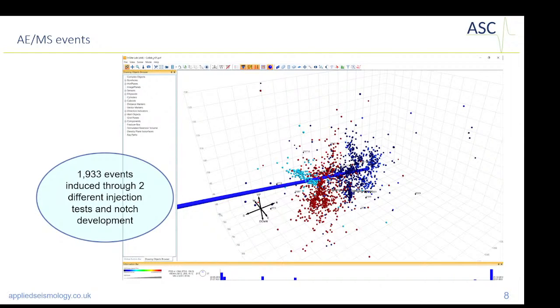Cold colors will be the early events, and hot colors, so red, would be the late events induced during this test. And we can see that our fracture grew from the initiation points, ending up with a major fracture, which is colored here in red, roughly oriented northwest southeast.